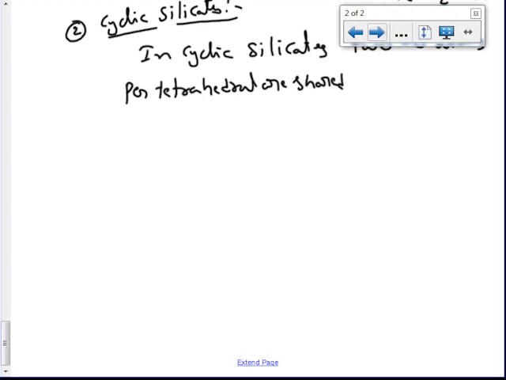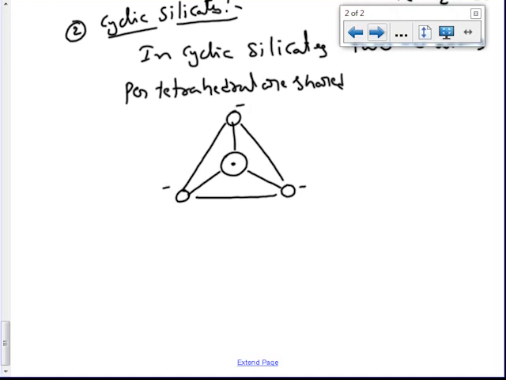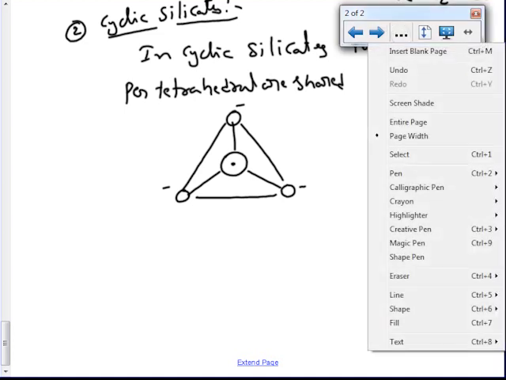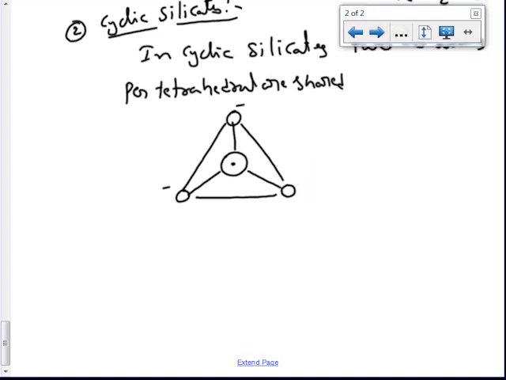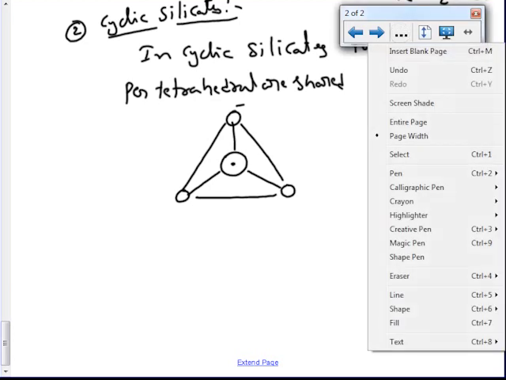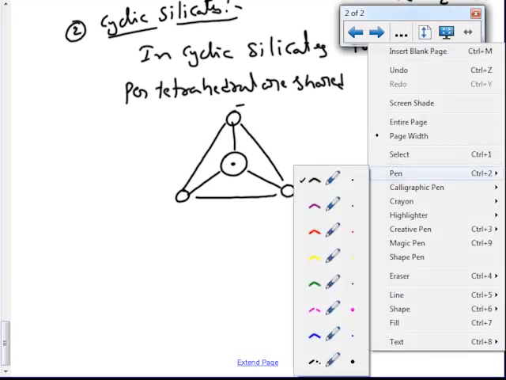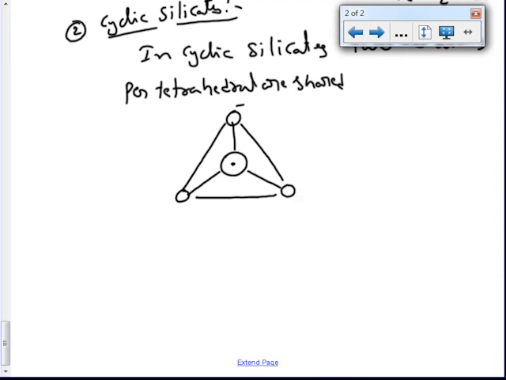If I take two silicate ions, we cannot get the cyclic form, so I am going to take a minimum of 3 silicate ions. Here that is silicon, with minus and minus, but each and every time we have to share a minimum of 2 oxygen atoms. See, I am taking this as one silicon, and another silicon I write like this.